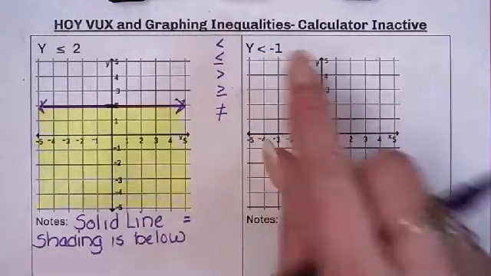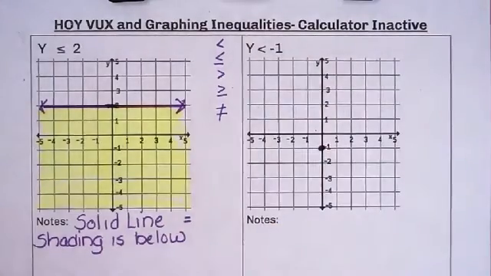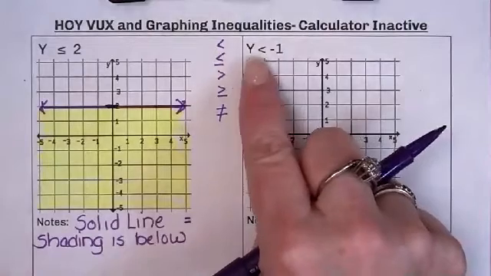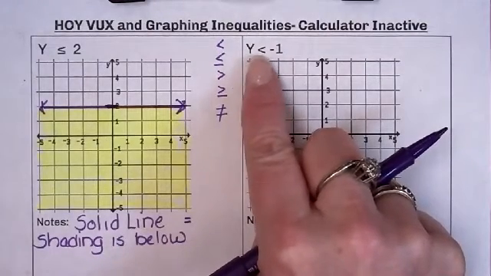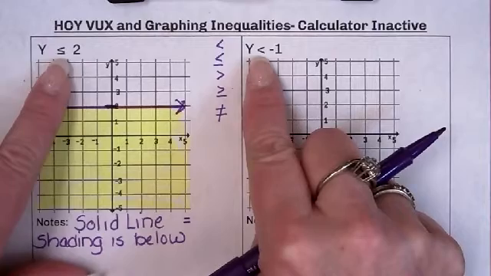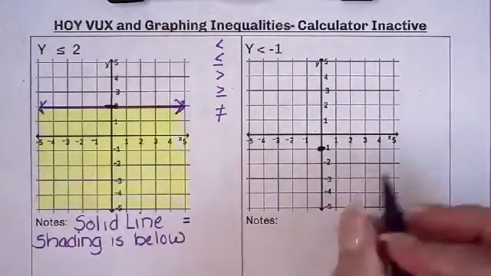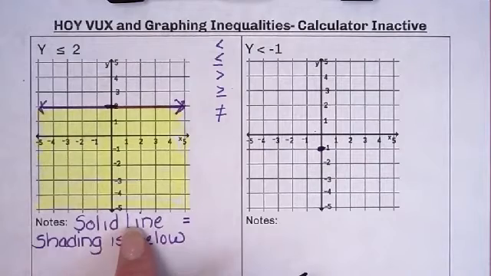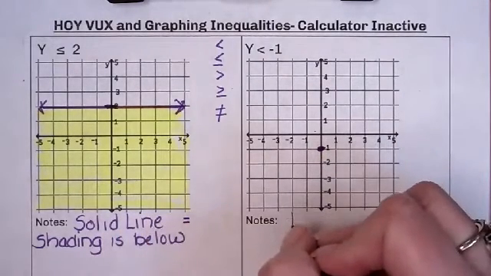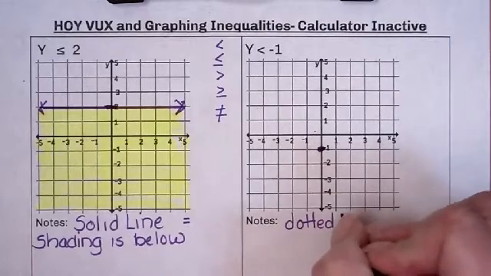Okay, now my next example right here beside this is y is less than -1. So my y-intercept here is -1, so it's right here. Now, I notice this does not have the equal to part on the inequality like I did right here, it's missing the equal to part. So instead of making a solid line, we're going to make a dotted line.